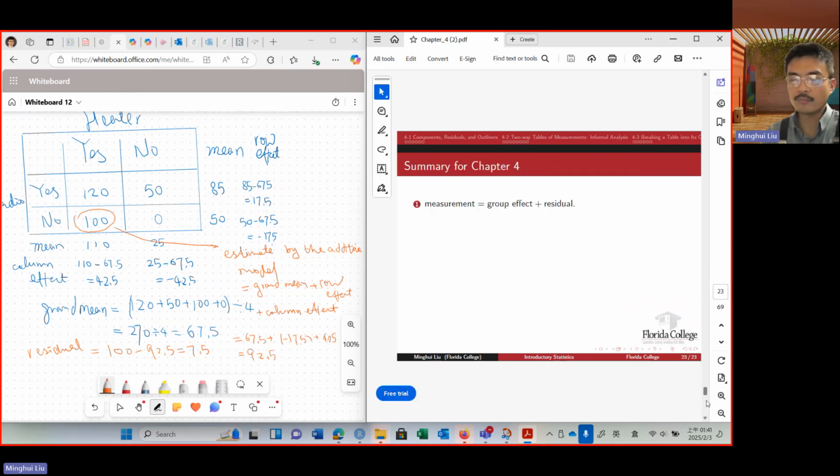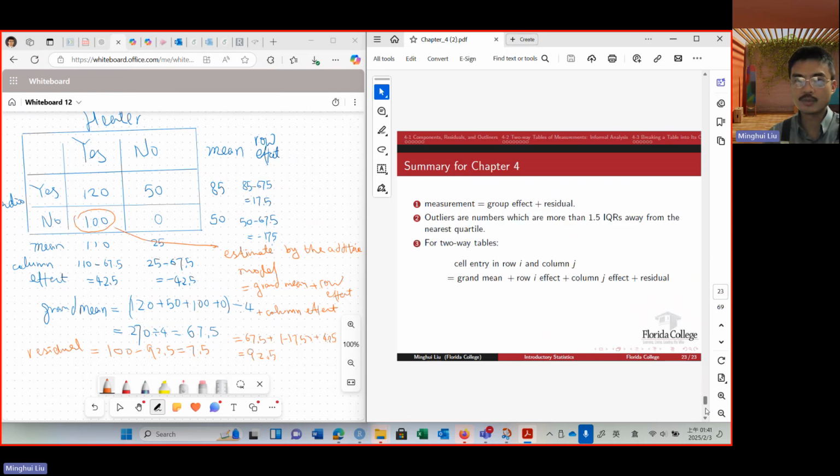All right, in summary, we look at a group measurement. We can describe it as the group effect plus residual. This is just the one-way table. And also we define outliers. And we can also do this for two-way tables. We can always represent the cell entry by the grand mean plus row effect plus column effect plus the residual.